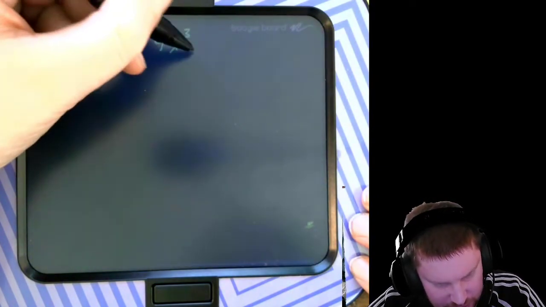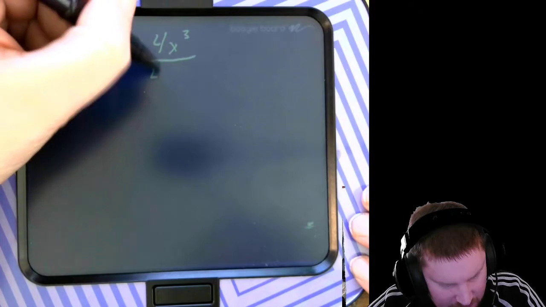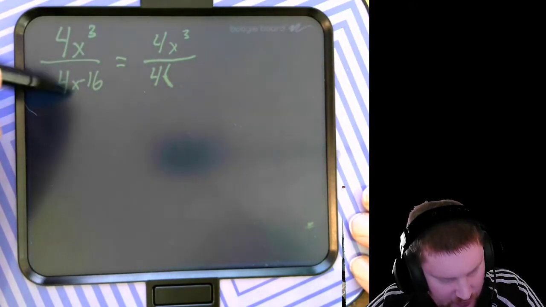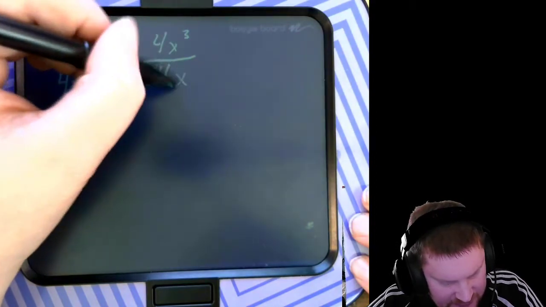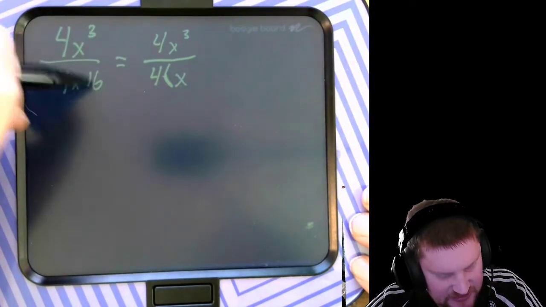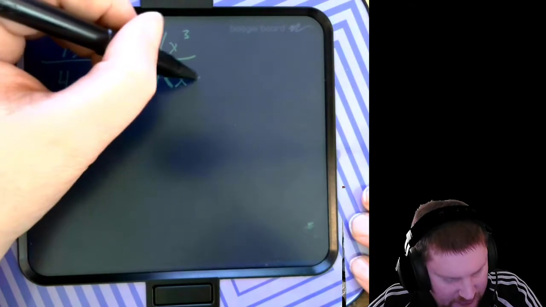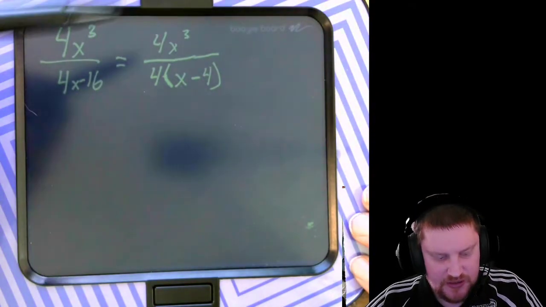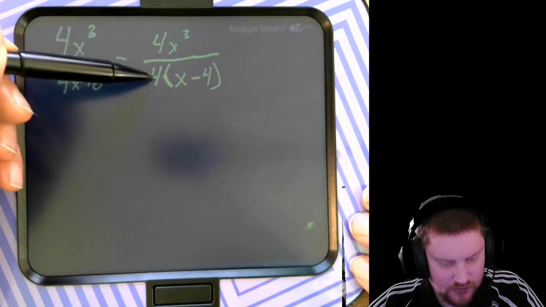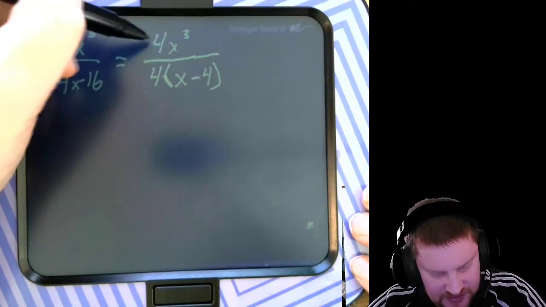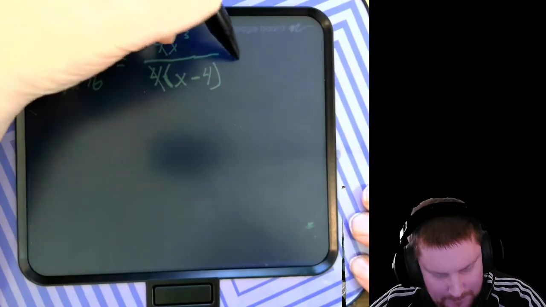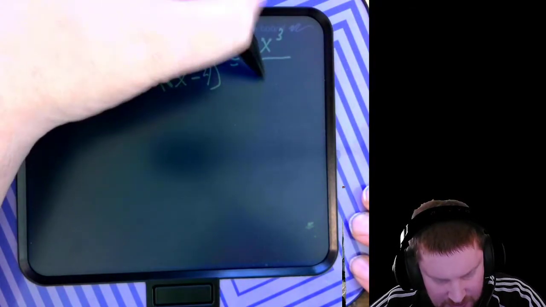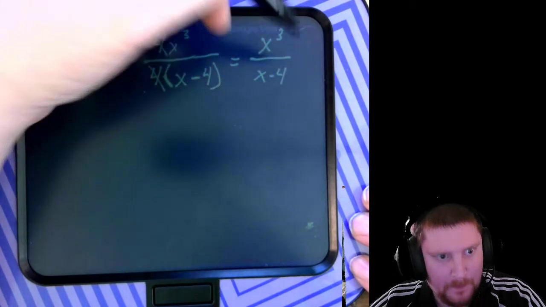So 4x cubed divided by 4 times, if I take 4x divided by 4, that leaves me with x. And if I take negative 16 divided by 4, that leaves me with negative 4. Now I see that I have 4 divided by 4, so those can cancel each other out. That leaves me with x cubed over x minus 4.